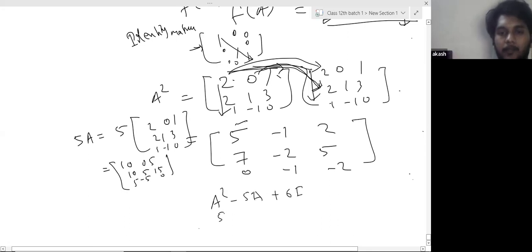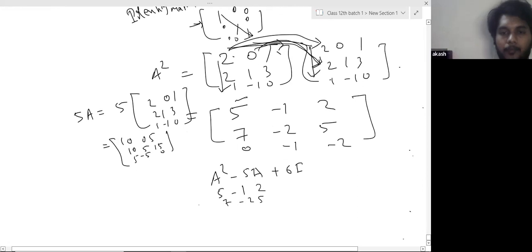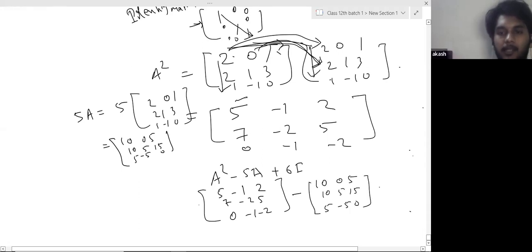So A squared is 5, minus 1, 2, 7, minus 2, 5, and 0, minus 1, minus 2, minus 5A. So this is 10, 0, 5, 10, 5, 15, 5, minus 5, 0, plus 6I. So 6 times [1 0 0; 0 1 0; 0 0 1].